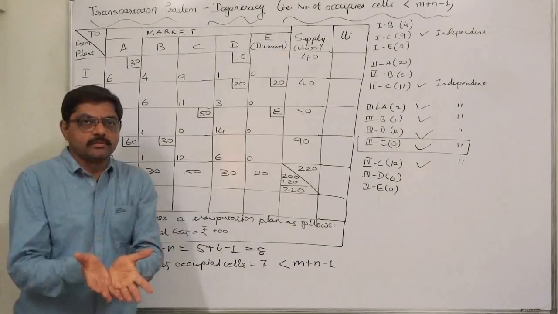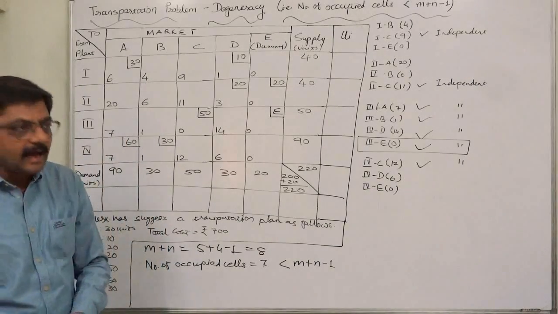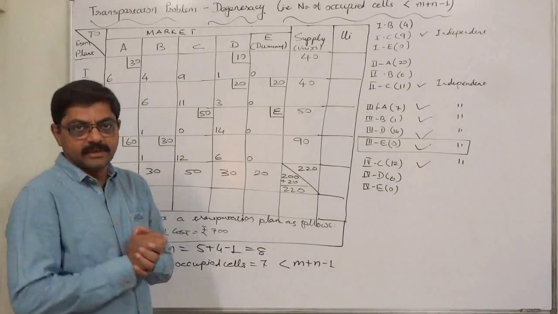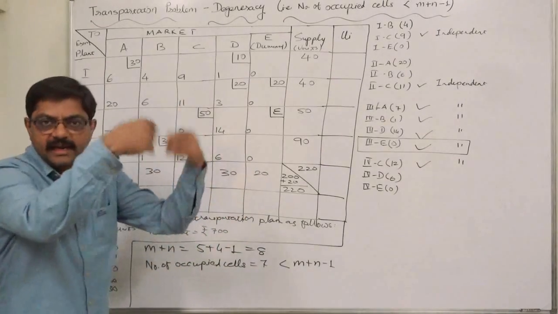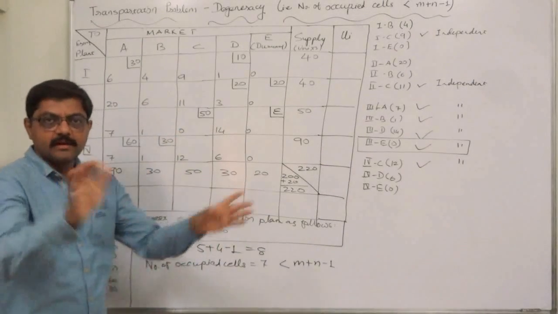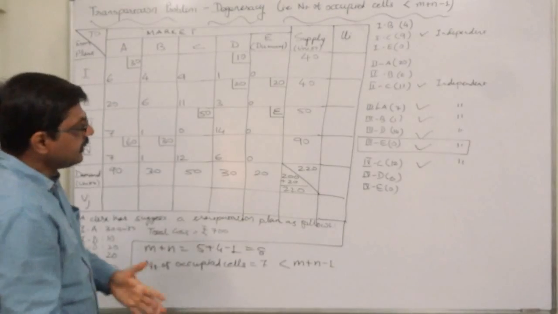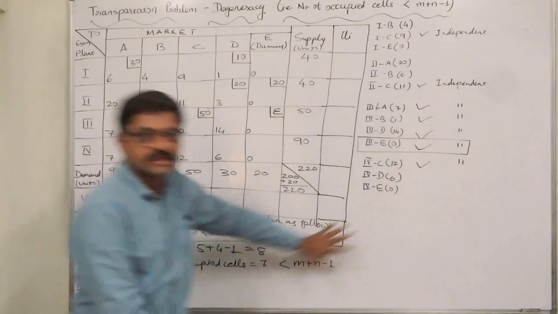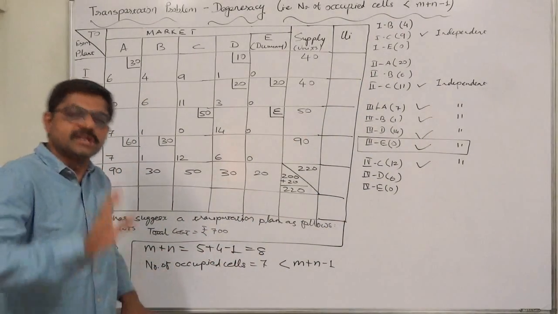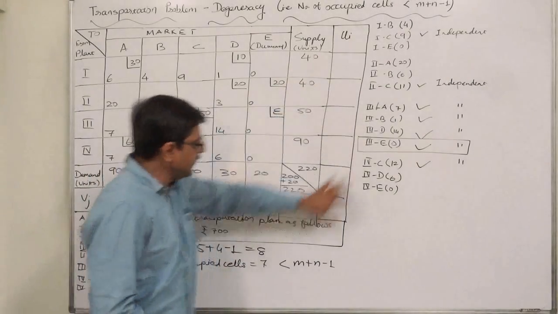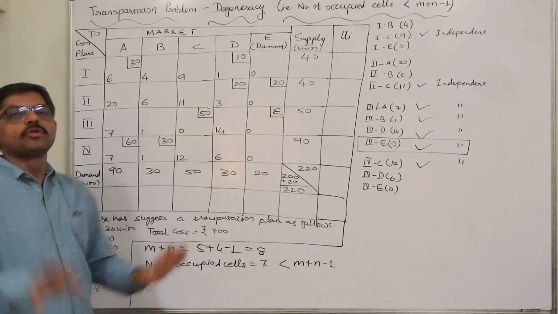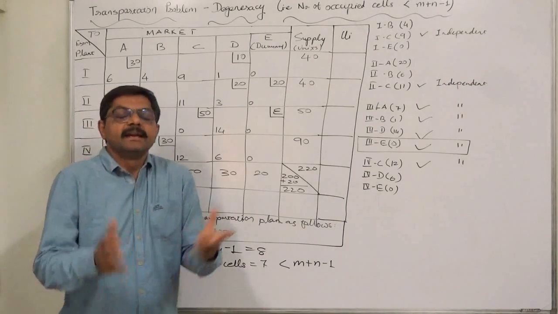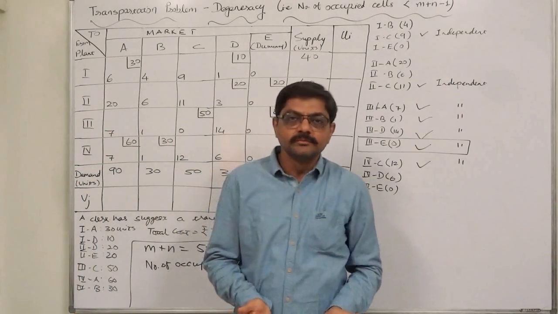Now before going forward, I want to give you an assignment. Write this case separately in your rough notebook or on your rough page, and don't go for this process, and just try to write ui and vj values having only 7 occupied cells, and see what happens to you.